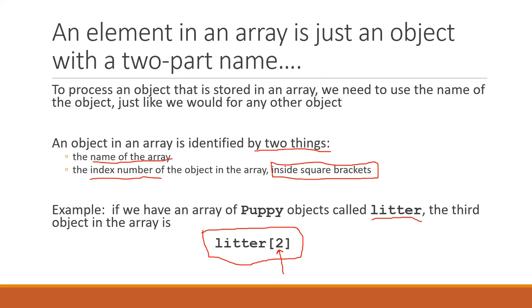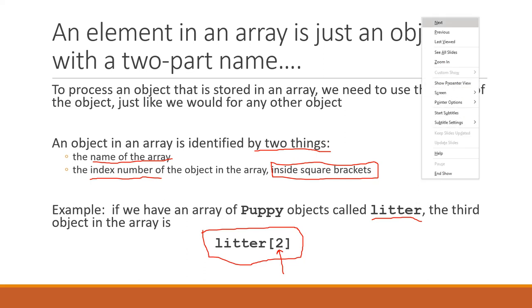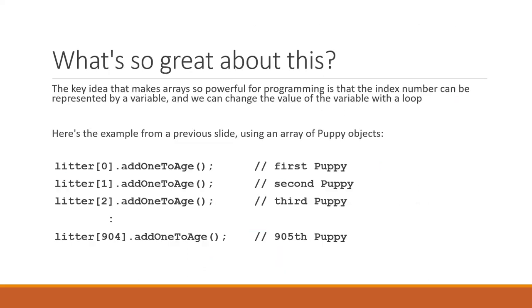Okay? So with that in mind, we can process elements of the array just like we can process regular objects, just that we have to give it these two parts to the name, the array name, and then inside square brackets, the offset or the index number.